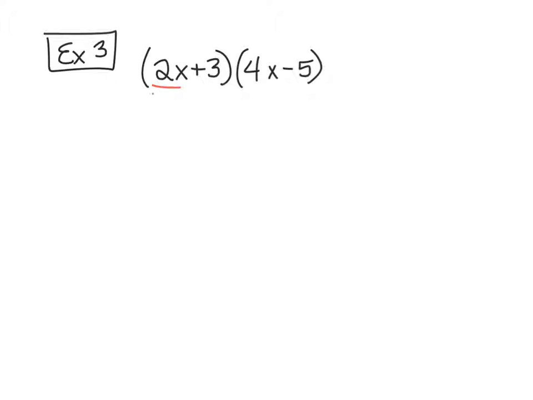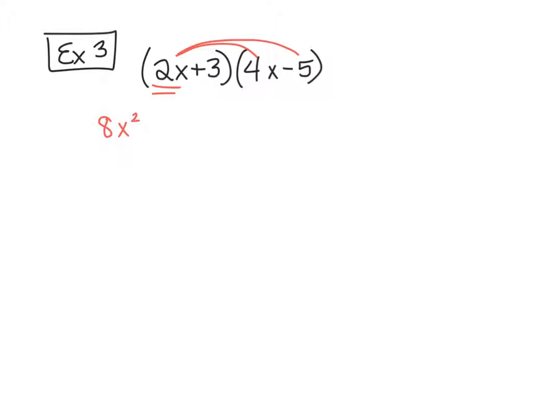So notice that there's a 2x here that's going to distribute to both parts of the second parenthesis. And there's also going to be a 3 that distributes to both parts of the second parenthesis. So I'm going to back up and I'm going to do the 2x part first. So if I distribute that 2x, my first multiplication problem is 2x times 4x, which gives me 8x squared.